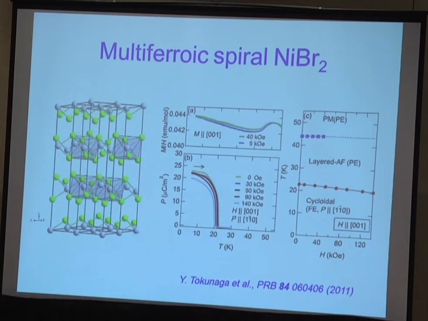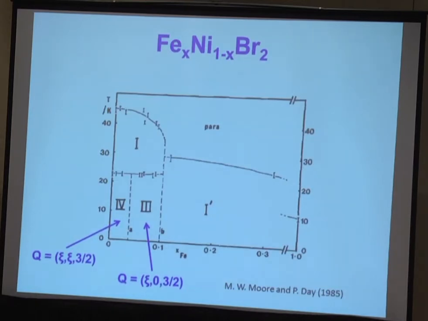Not a very big one, but still some sizable polarization. One problem in observing Skyrmions in this material is that the anisotropy is easy-plane rather than easy-axis. But that was studied quite some time ago by Moore and Day.